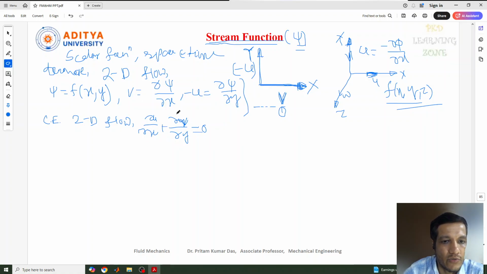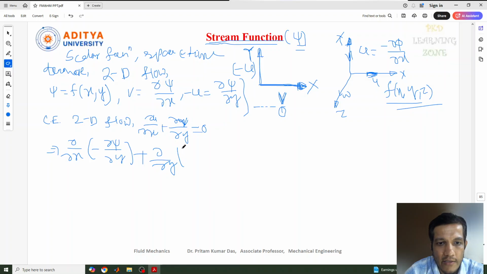So what will we get when we substitute this value in this equation? The u value, you can see, is minus. So I can write del by del x of minus del psi by del y, plus del by del y of del psi by del x, equal to 0.